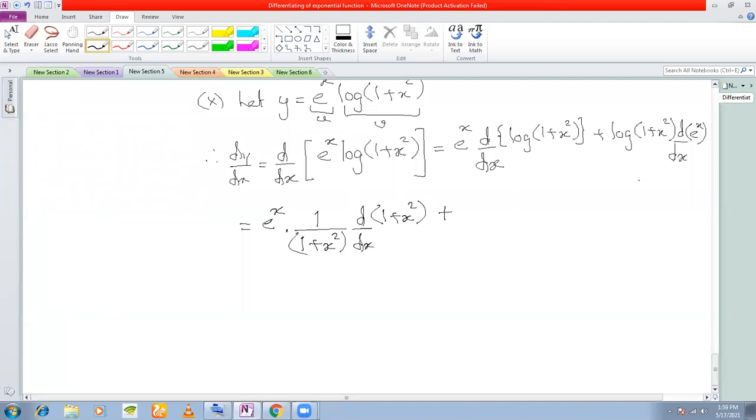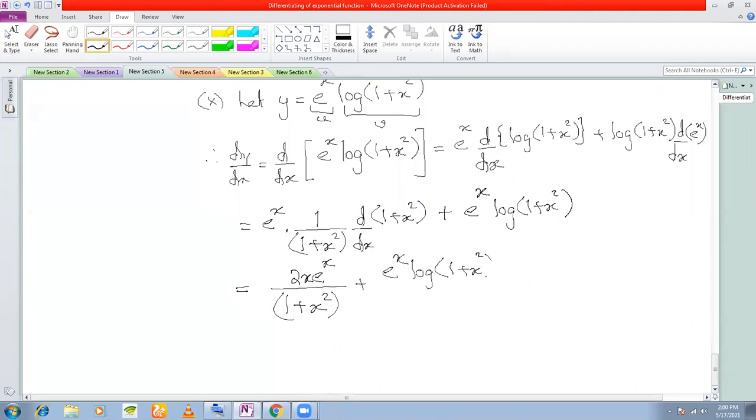Next, here you have d/dx e to the power of x, which will simply be e to the power of x, and log(1 plus x square) we'll write as it is. Next, d/dx of 1 plus x square is 2x, so you get here 2x e to the power of x by 1 plus x square, plus e to the power of x log(1 plus x square).